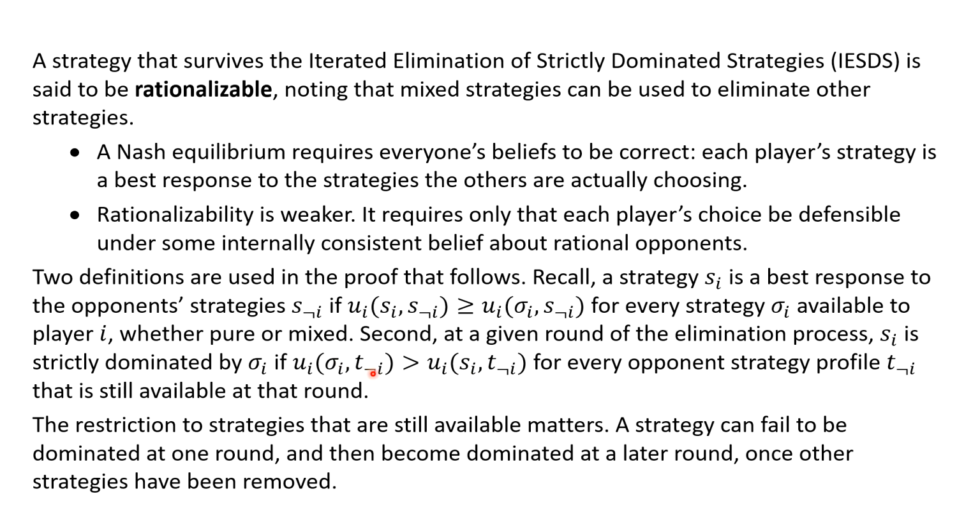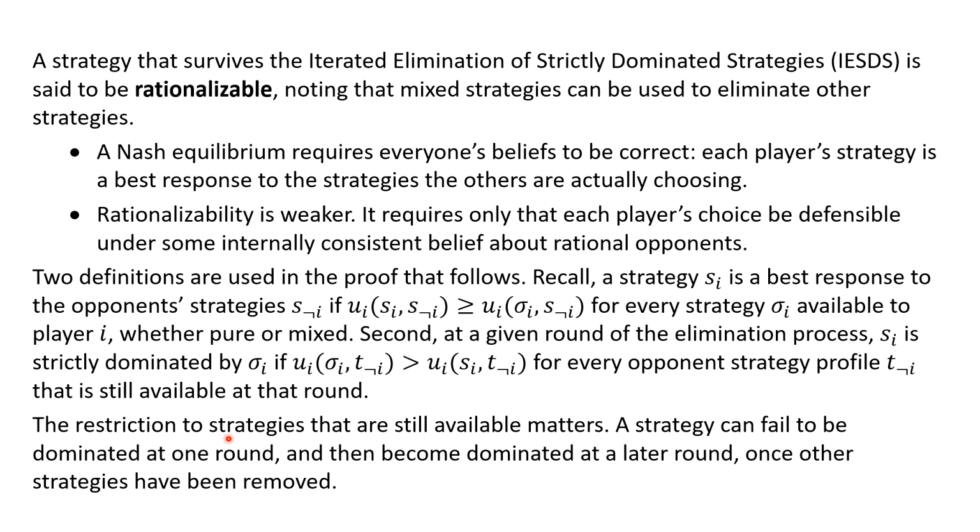Right, we've seen that in the 2 by 2 case when we had just two players, and we were just looking for one row to always be better than another row for a given player, or one column better than another column. But this definition is more general because i could go from 1 to n. You could have n players in this case. Okay, so we're going to use these in the proof of the theorem on the next slide.